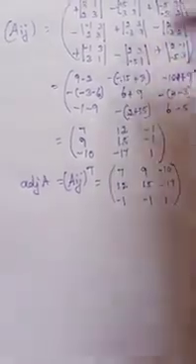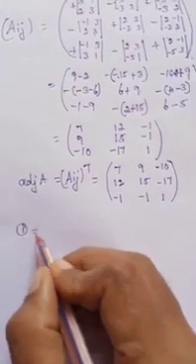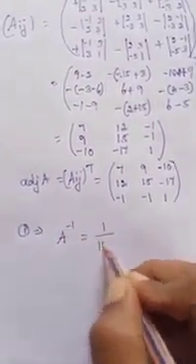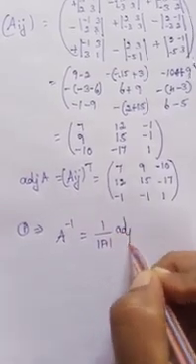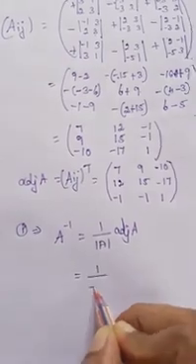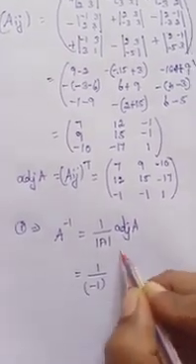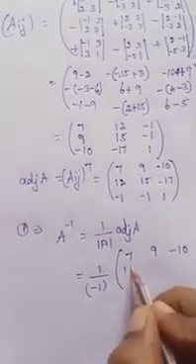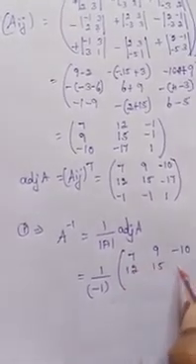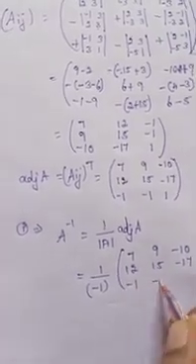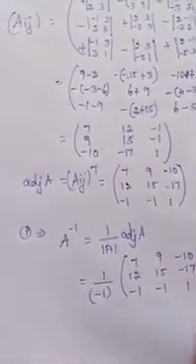Now we can write it in that formula. Equation 1 implies, what is that? A inverse is equal to 1 by determinant A into Aj. We know that determinant A is minus 1. This is 7, 9, minus 10, 12, 15, minus 17, minus 1 and plus 1.